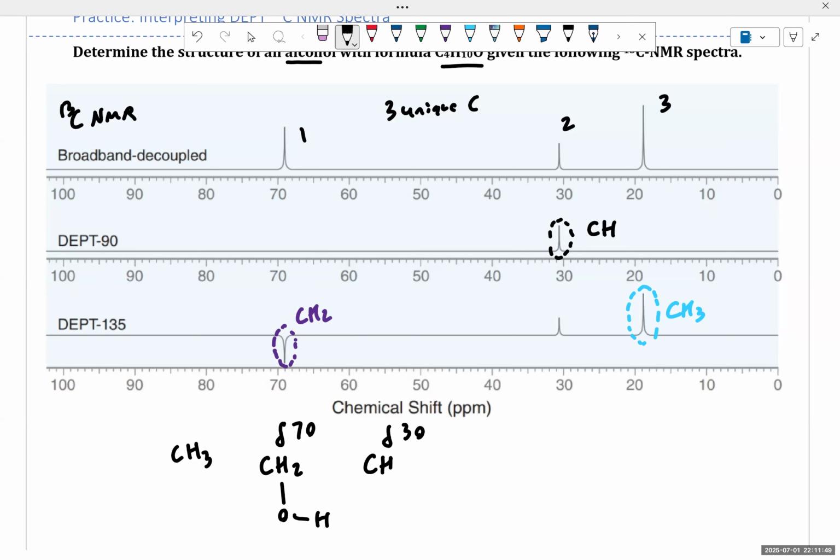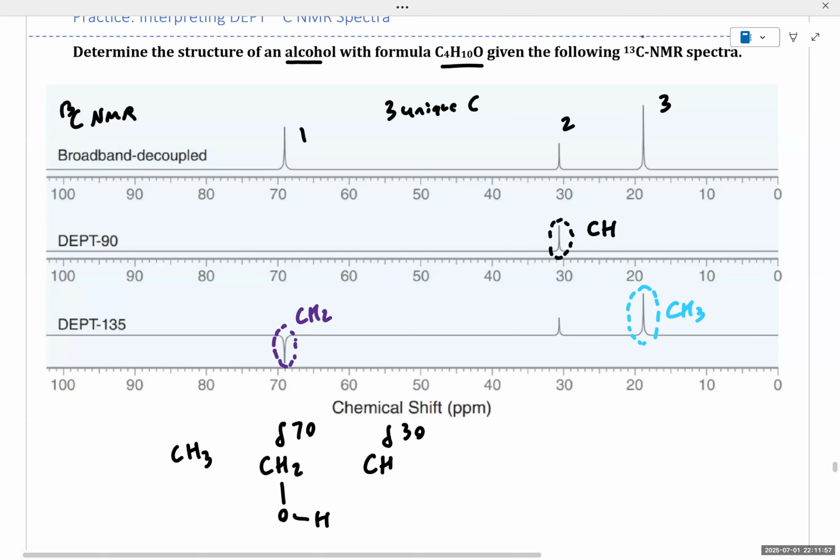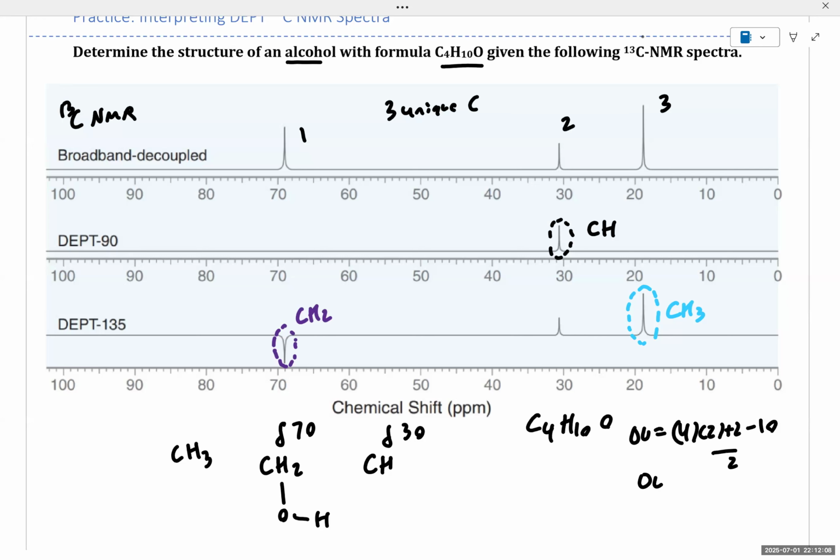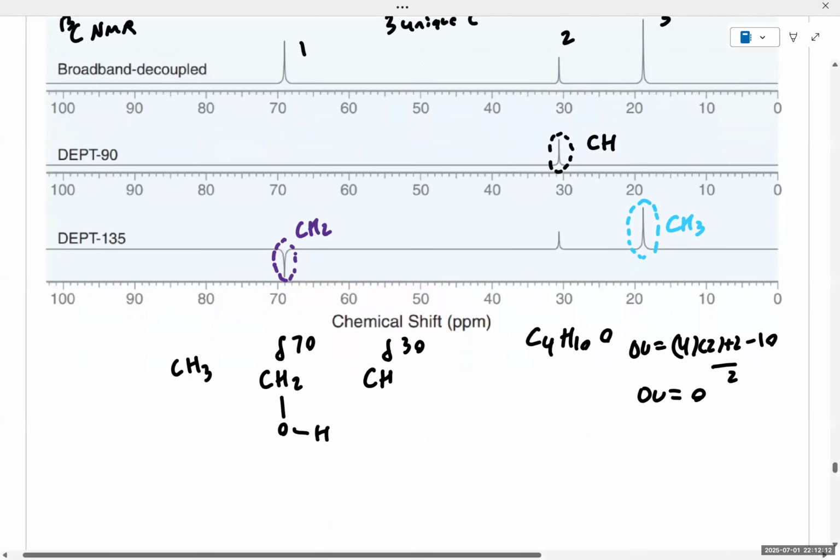Additionally, we know that one of these carbons has an equivalent carbon. There must be some sort of axis or plane of symmetry. Checking the formula of C4H10O, that gives us a DU of 4 times 2 plus 2 minus 10 over 2, or a DU of 0. So we don't have any carbonyl groups, etc.